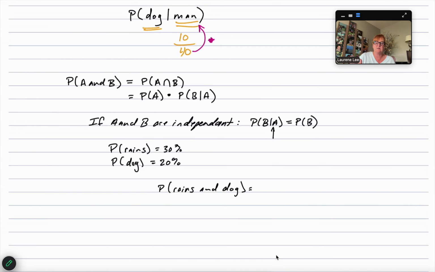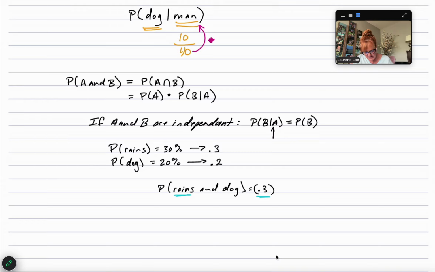So the way I do an and problem is I first take the probability of the first thing, which is the probability it rains. Now remember, when we're in percentages, we have to change to decimals because we never multiply with percentages. So 30% changes to 0.3 and 20% changes to 0.2. So 0.3 is my probability that it rains, right there.